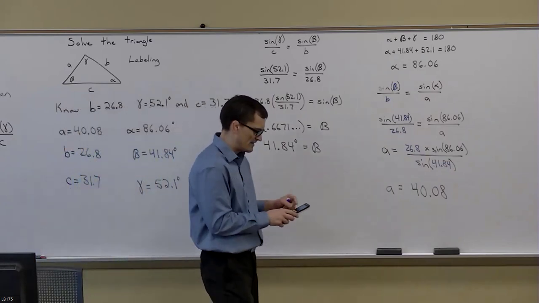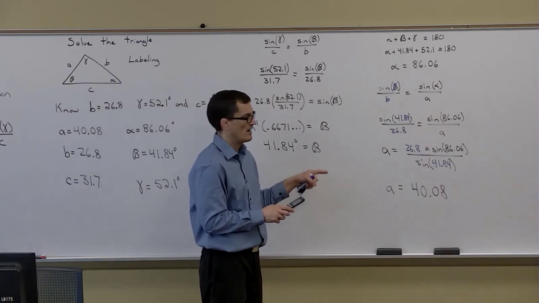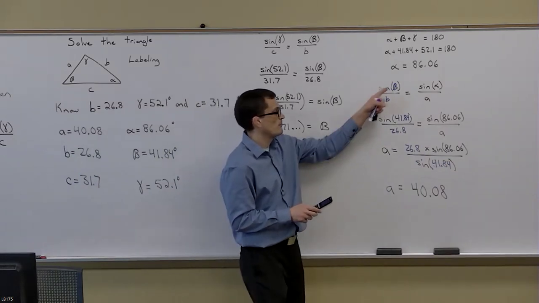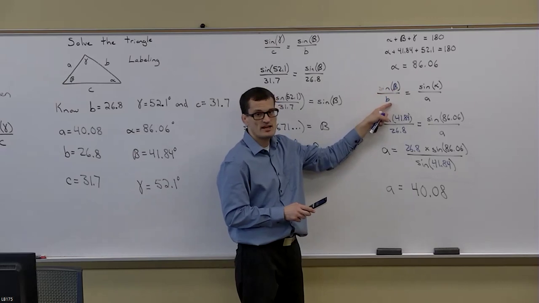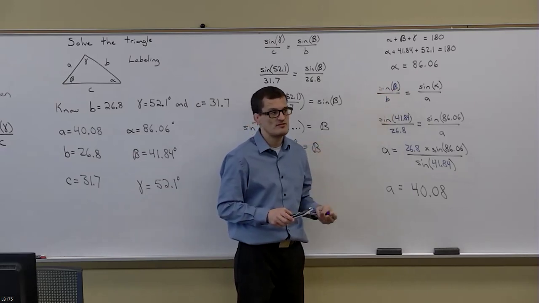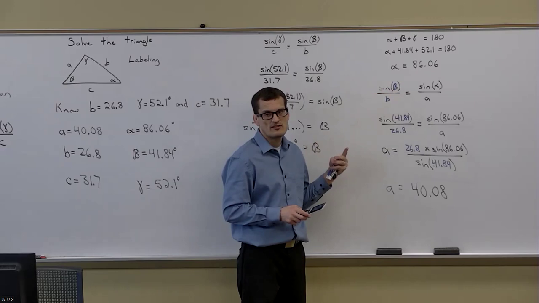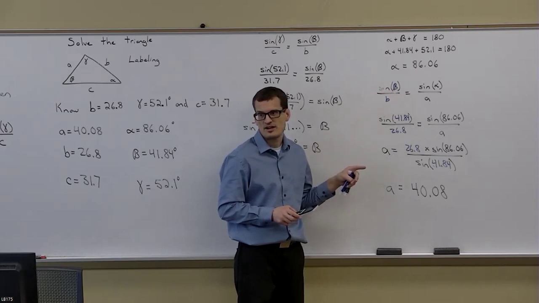But you'll notice that the decimal version I got with beta and B at the third decimal place is different than the decimal version I got with gamma and C, all right?